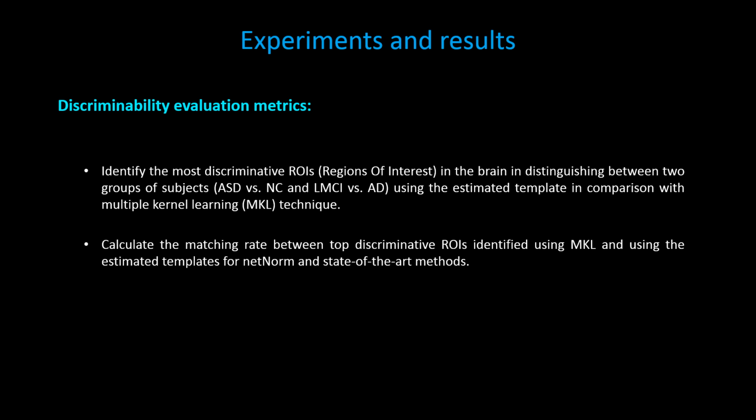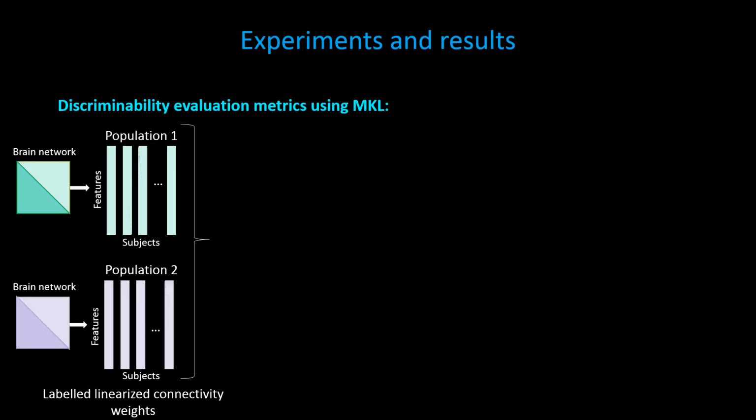For multiple kernel learning technique, we started by linearizing the upper triangular part for each brain network, defining connectivity features for each network in both populations. Using the labeled feature vectors, we associated a kernel for each element.